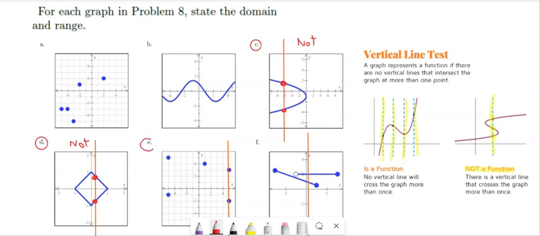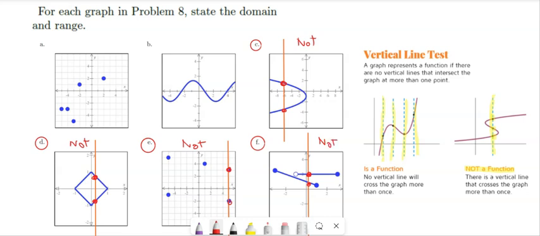For E, although they are points, we have only 2 points on the same vertical line, so this is not a function either. And finally for F, it's the same reason: one vertical line intersects the graph in 2 points. Although the graph is separated in 2 segments, it is still the same graph, so this is not a function.